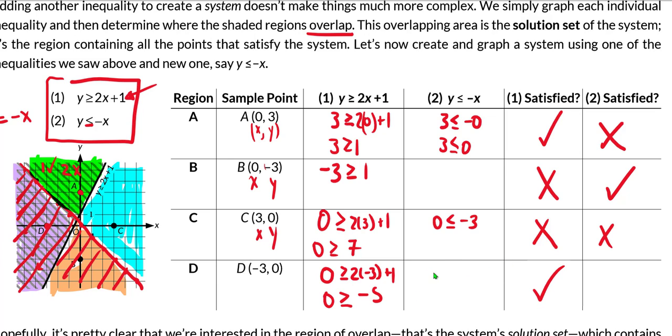And then over here, we have 0 is less than or equal to -3, right? When x is -3, we've got 0 is less than or equal to 3, also satisfied.